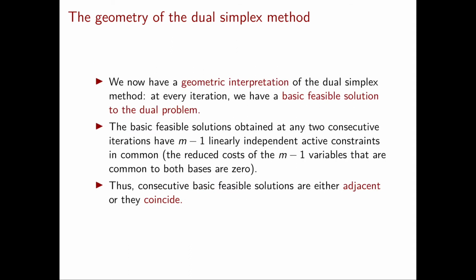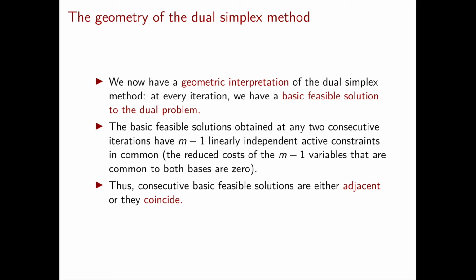So far, our geometric interpretation has always focused on the primal. Now instead, we're going to focus on the dual. Hence, we're going to focus on the fact that at every iteration we have a basic feasible solution to the dual problem. Now let's consider two consecutive iterations of the dual simplex.